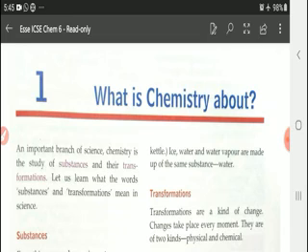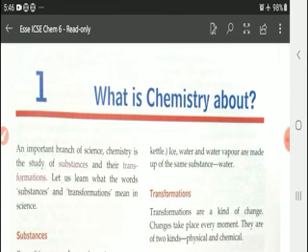Today we are going to discuss our first chapter, what is chemistry about. We know about science. There are three branches of science: physics, chemistry, and biology. Here we are going to discuss chemistry.